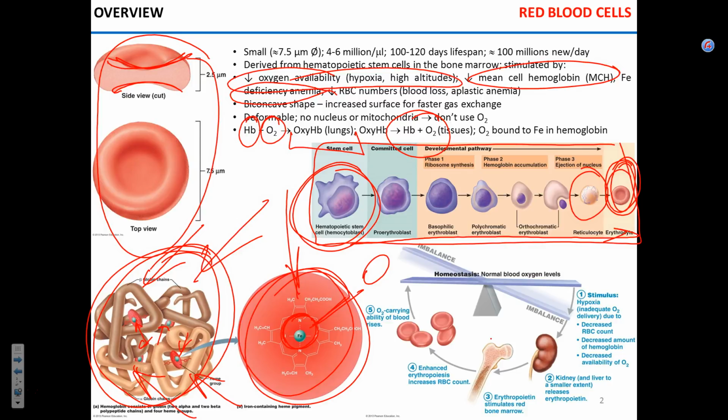Usually presence of reticulocytes signals that there is some kind of a problem with bone marrow, maybe cancer or something else. Does that make sense? Now we're gonna stop, of course.